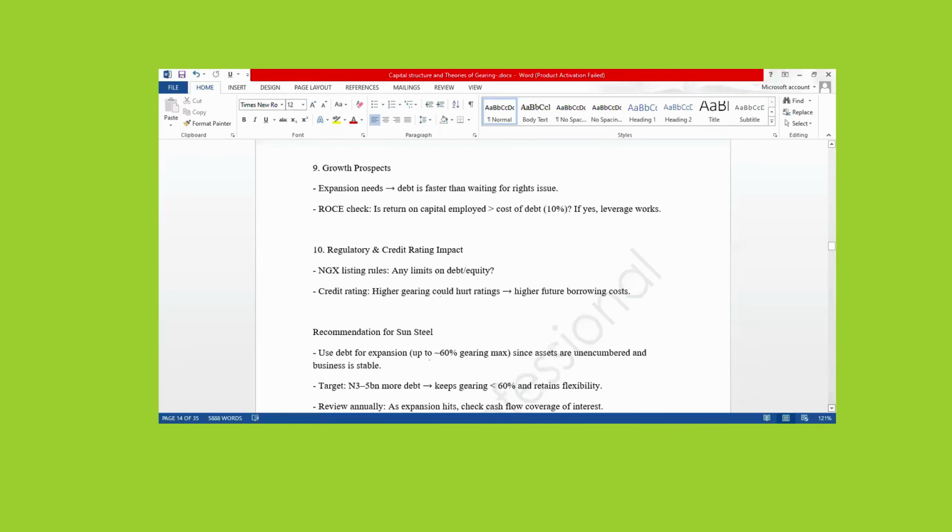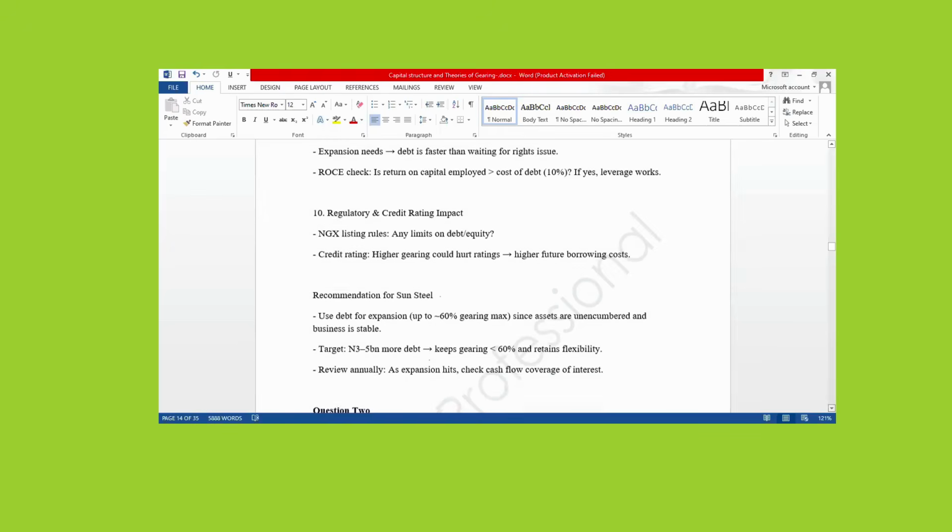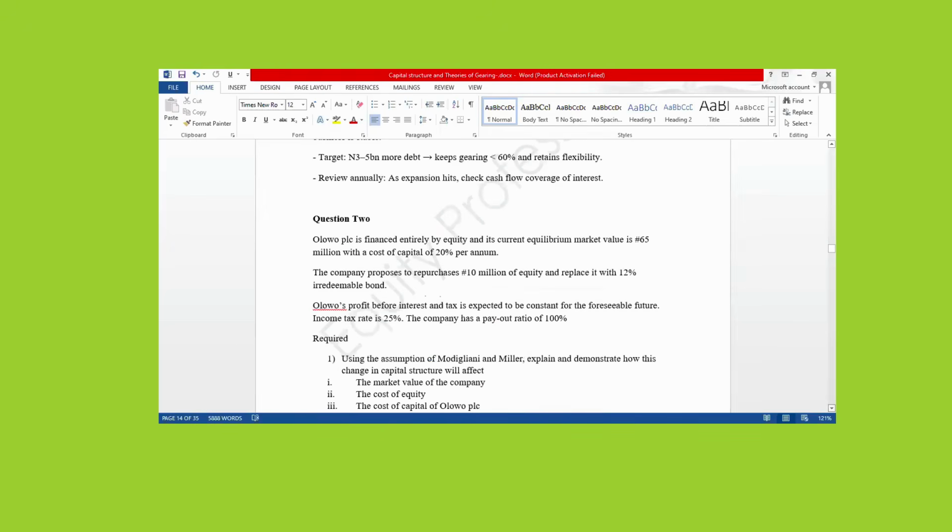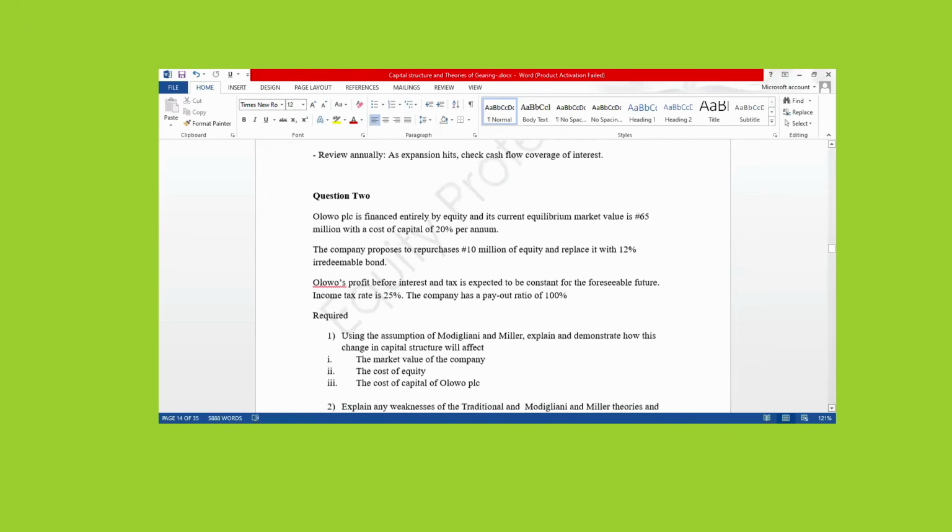All right, let's look at question 5. Olówó PSC is financed entirely by equity.